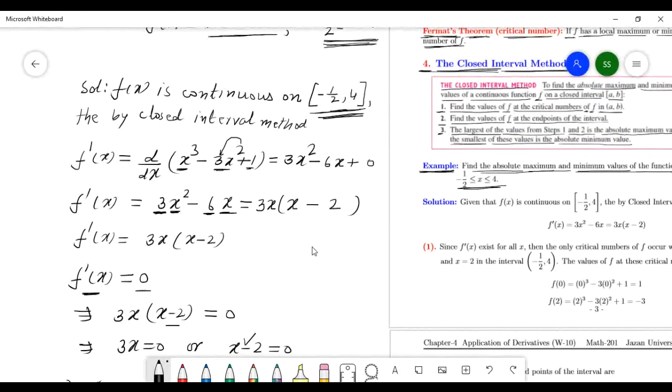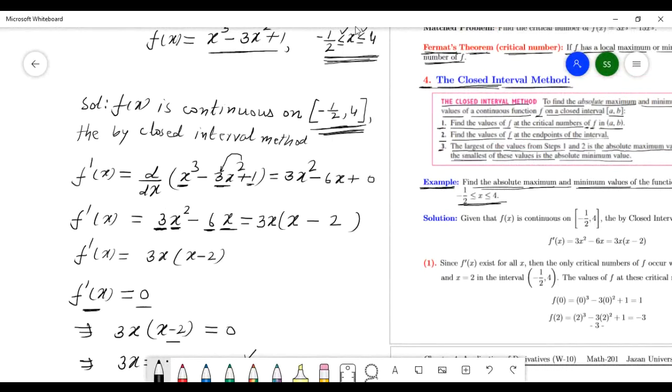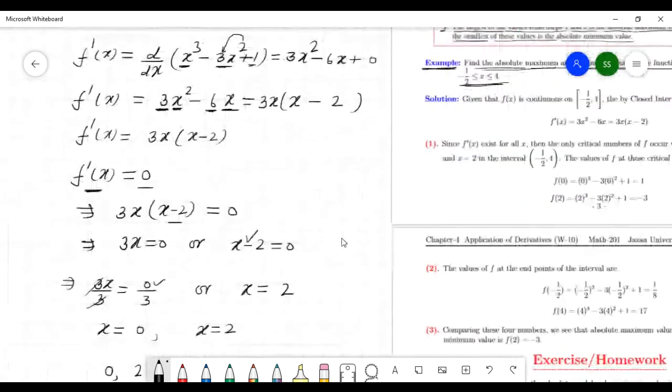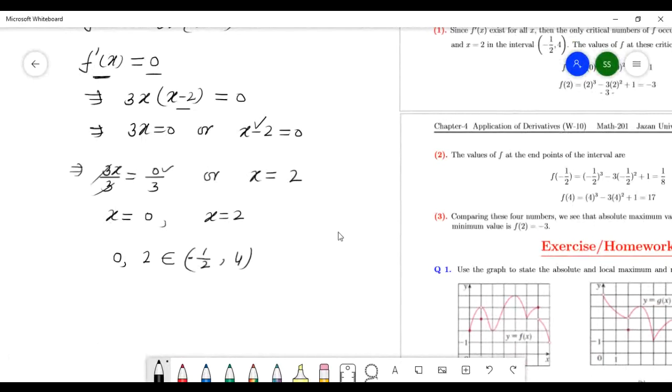After finding the critical numbers, we check whether they belong to this interval or not.